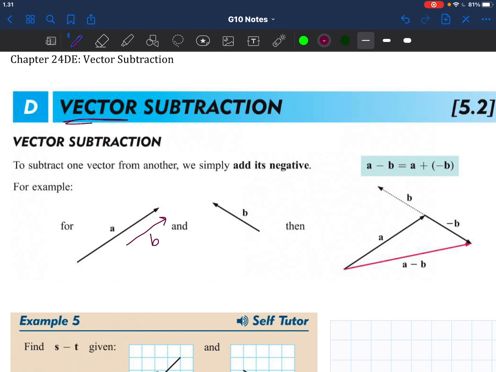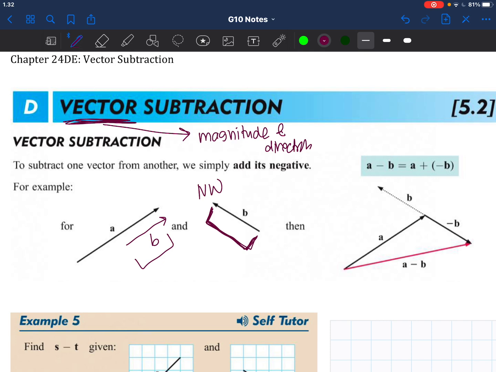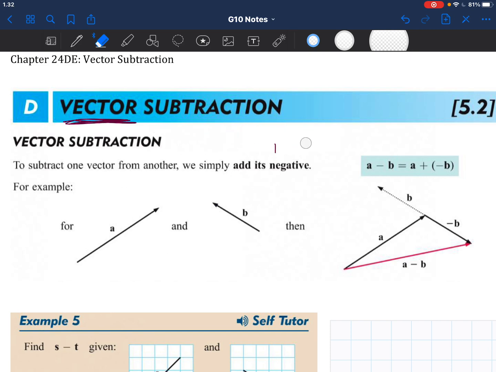Because, again, the components that are important for a vector are magnitude and direction. So this here might be the same magnitude as this vector here, but the direction is completely different. So you could say this is probably northwest, and this is probably northeast. Completely different vectors. So that's not a go, right? So what we're actually doing is just adding the negative.